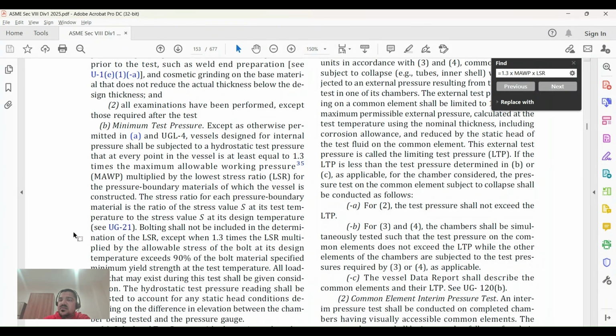Now, you must be aware of MAWP, which is normally available on the design data sheet of the drawing itself, but you might not be aware of LSR, which is the lowest stress ratio. What does it exactly mean in this formula?